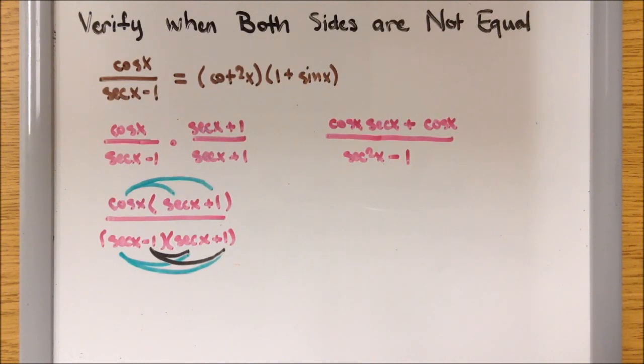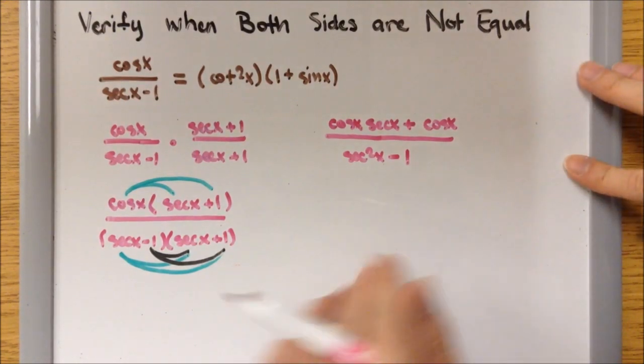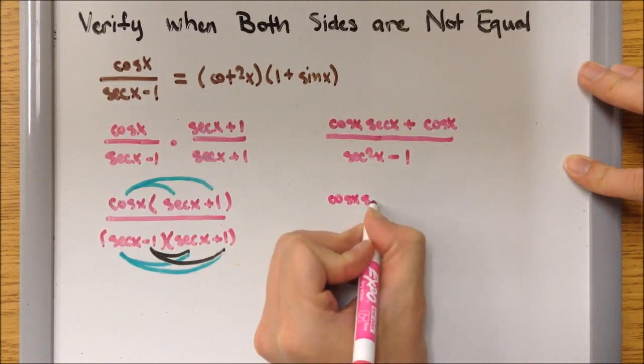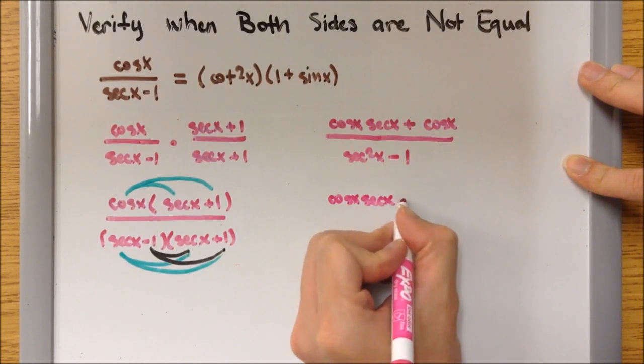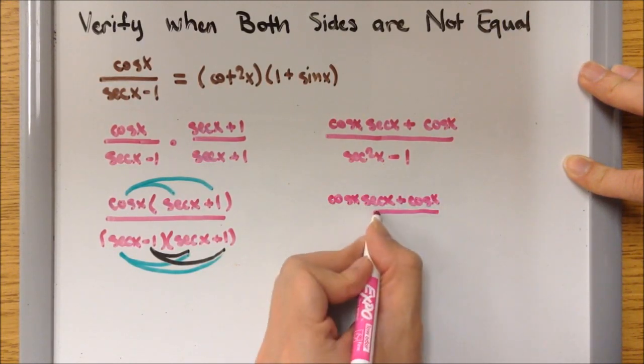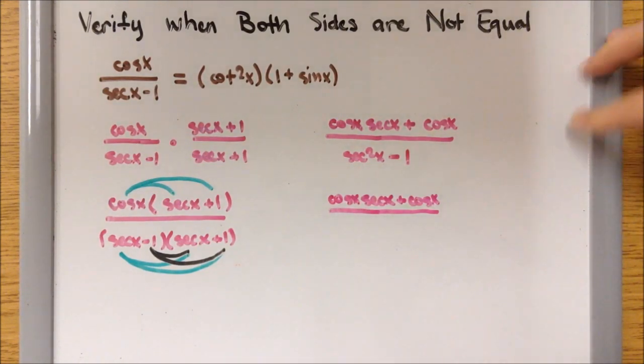Next, I'm going to leave the numerator the same, but secant square x minus 1, I can actually use the Pythagorean identity.